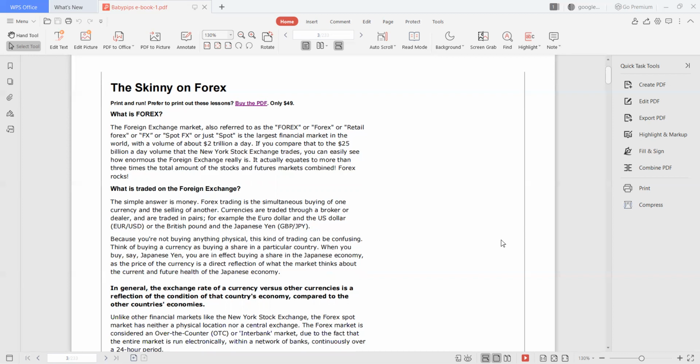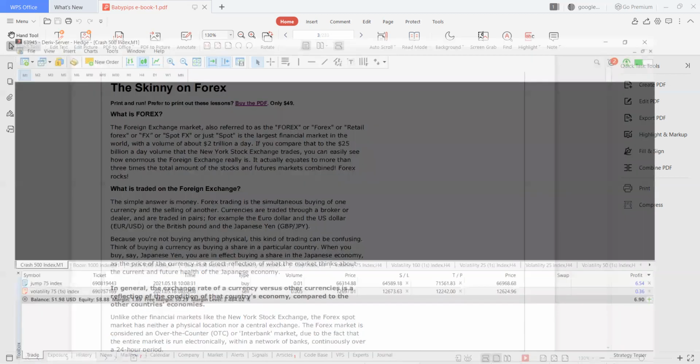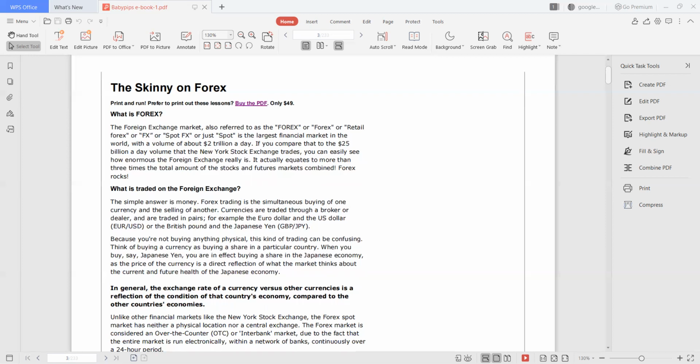We have what we call synthetic indices. If you come here on this one, you can see the currencies, Euro, USD. Here there are synthetic indices: Jump 75, Boom, Crash.